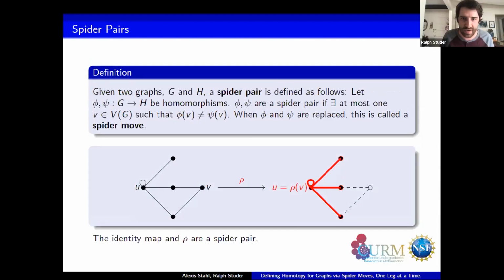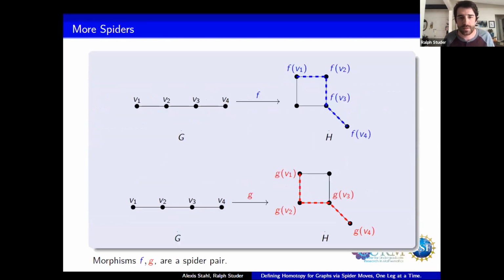Next we look at a spider pair, which is when two homomorphisms differ by at most one vertex. We can see here that rho of V is U, so V is sent to U. Then we have another example where the two graphs only differ at V2.